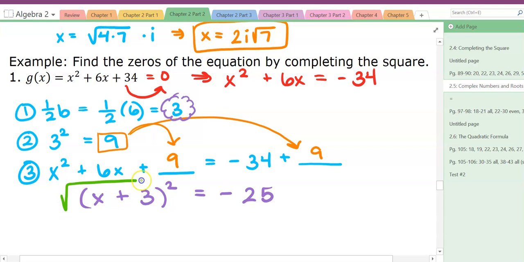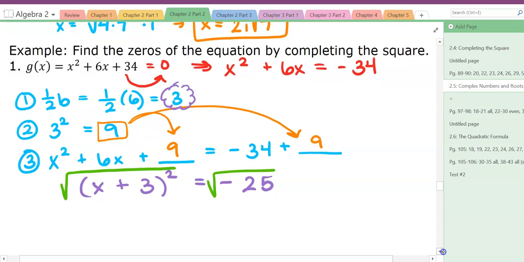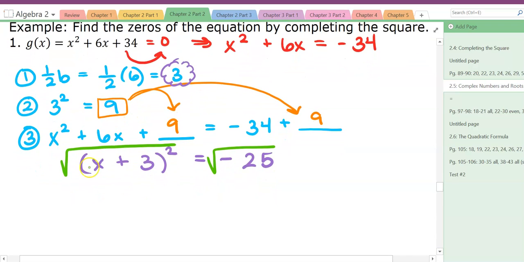So if I square root on both sides here, remember that on the left side, it's just going to say x plus 3 now, because the square root and that squared cancel each other out. And the square root of negative 25, 25 is a nice perfect square number, so that's 5. But then you're going to have i.